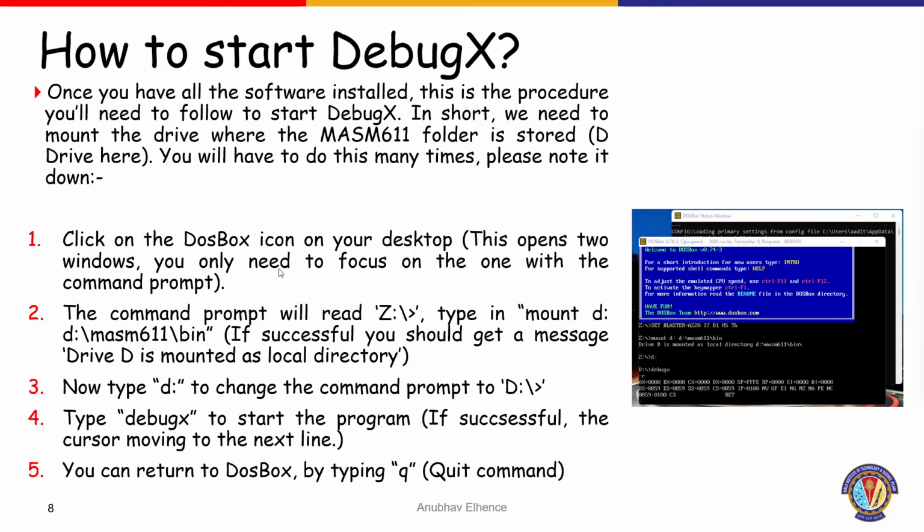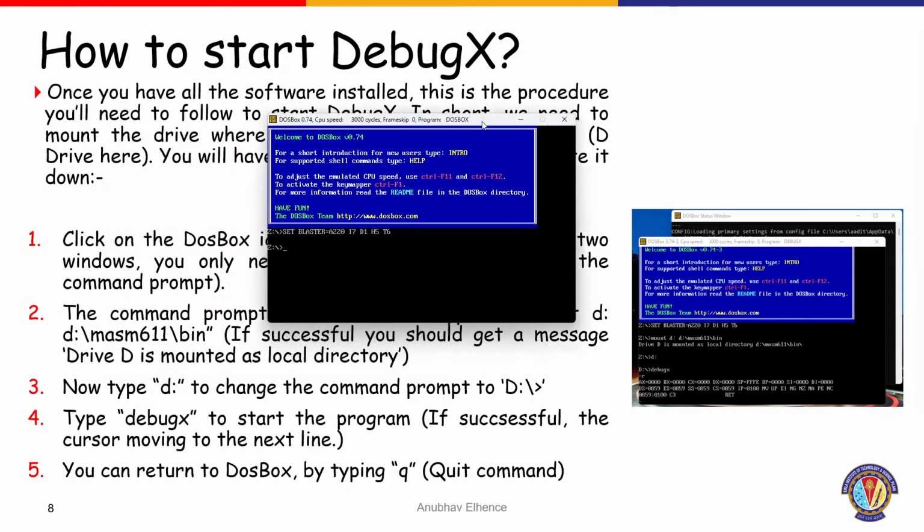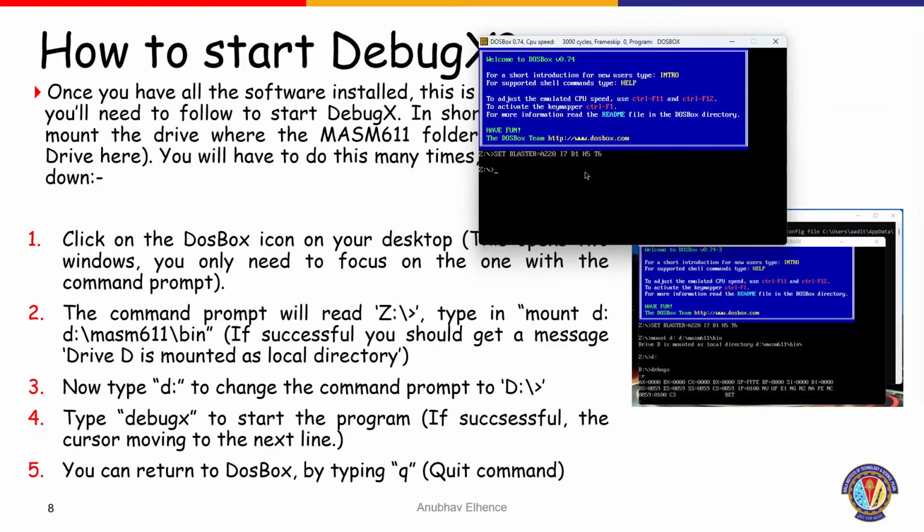Here are the set of 5 instructions which we see. The first step is to mount the D drive this way. Let me open that and type it right in front of you. So mount D backslash masm 611 slash bin.